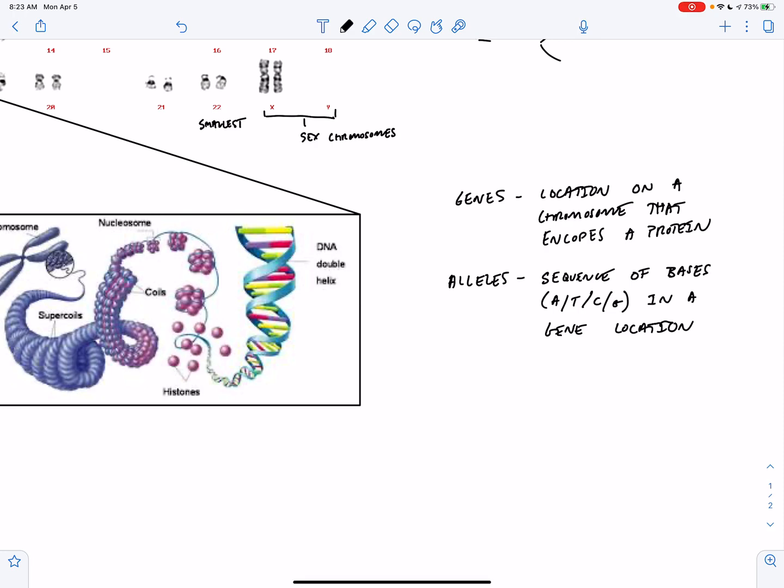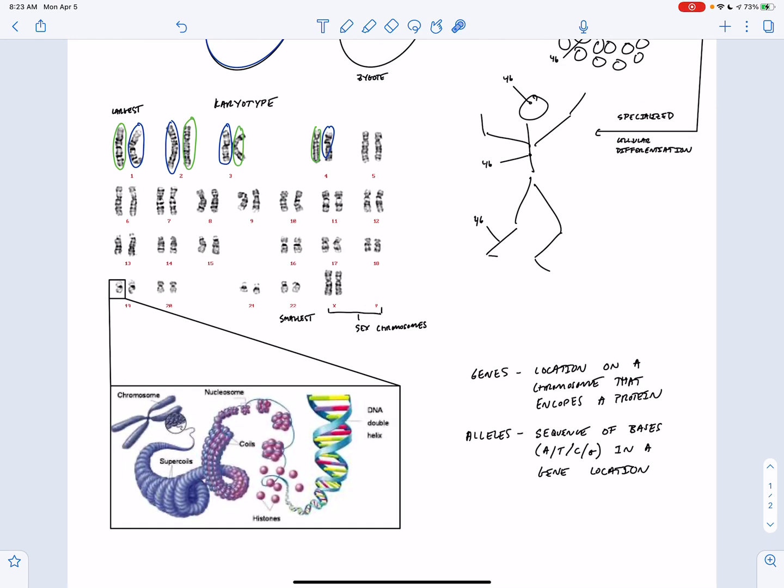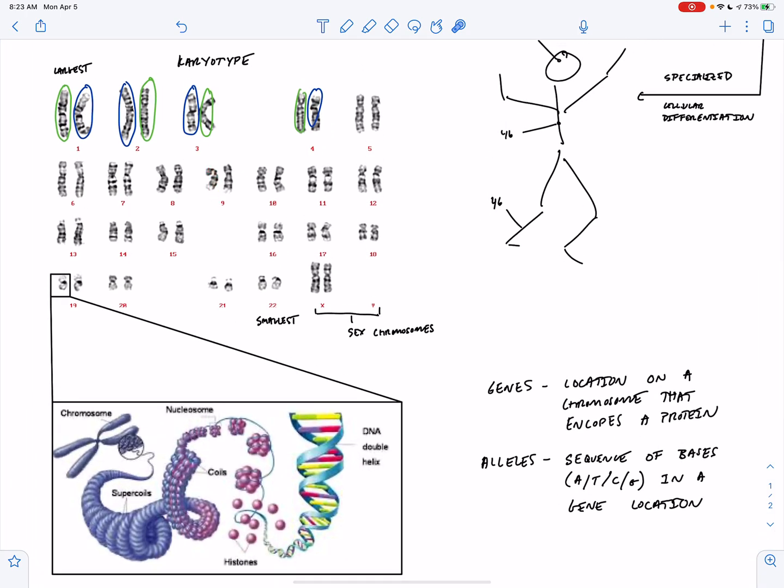Okay, so what do I mean by that? Well, imagine I'm going to pick a random gene. Let's just talk about a gene for height, although there is no one gene for height. Imagine we have a gene that controls the amount of human growth hormone that's expressed in a person, and it's found on chromosome 3. We would all have the same gene on chromosome 3, this protein that regulates human growth hormone, but we might have different variants of that gene.